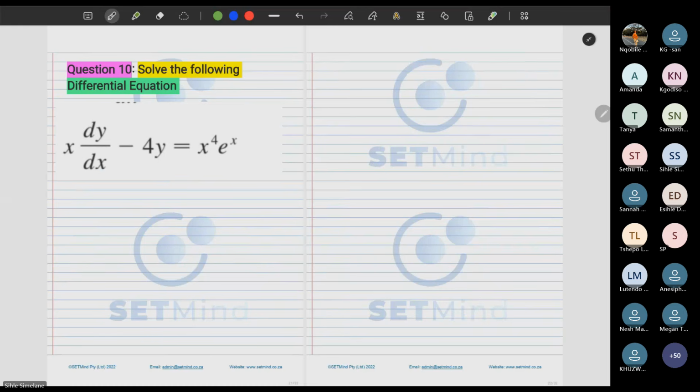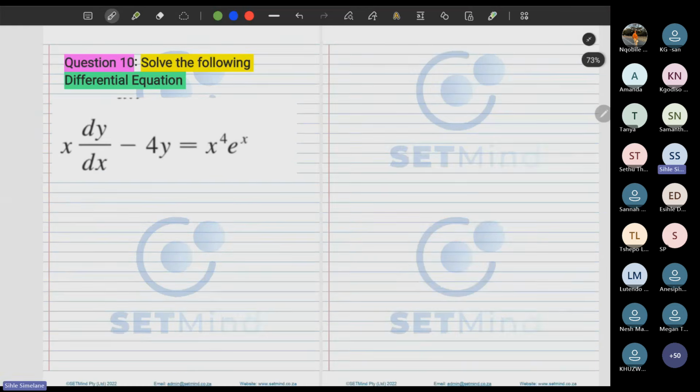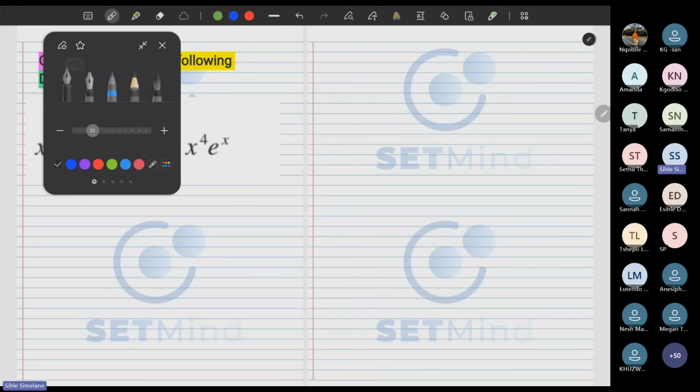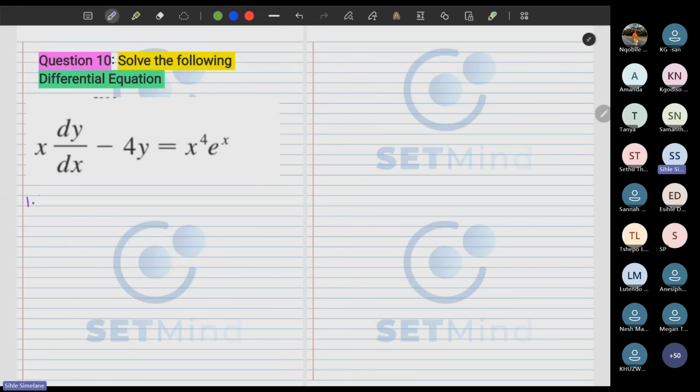Okay, it's going to be a very interesting one. Okay, let's go. So the first thing I need to realize is that this is not in standard form. So what I need to do is to write it in standard form. Okay, so let's go ahead.